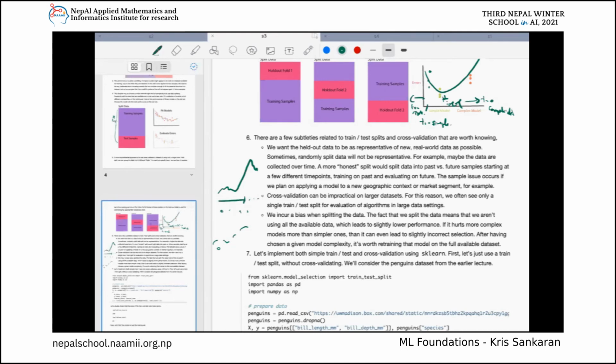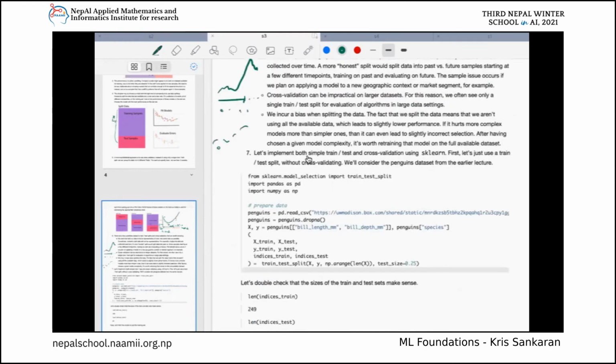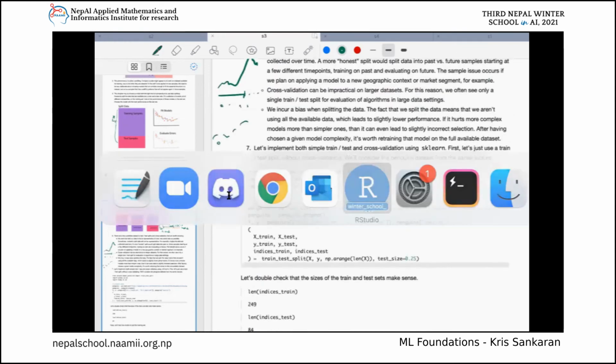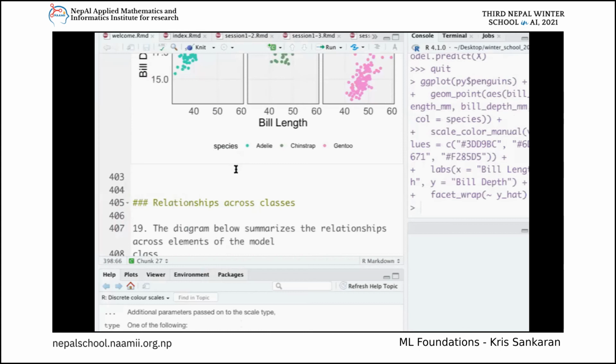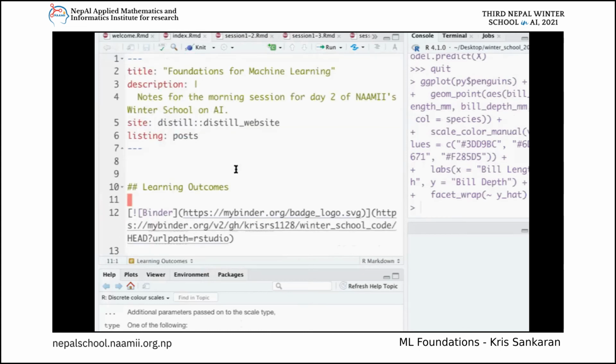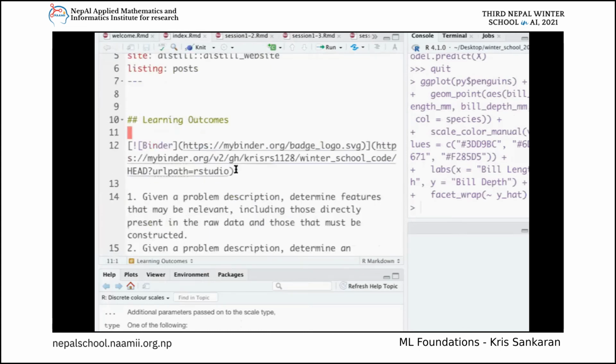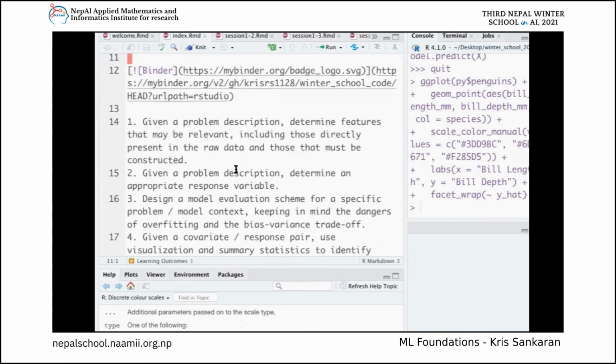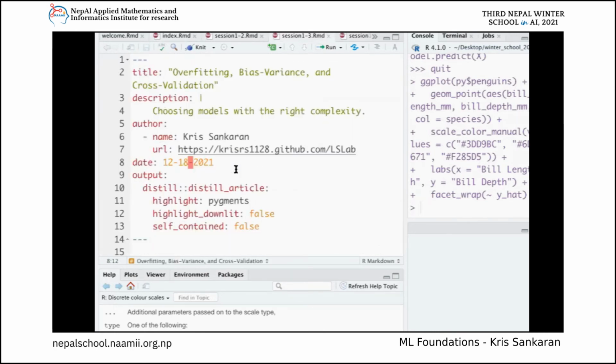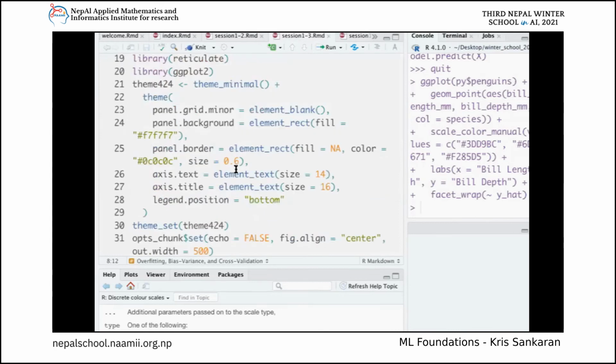So let's look at some code to do this. You should be able to run this on the binder notebook as well.